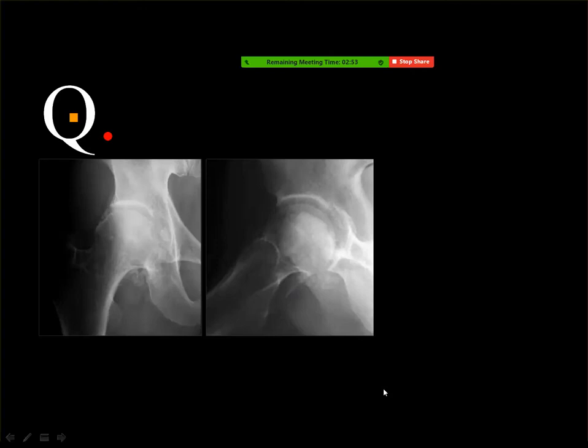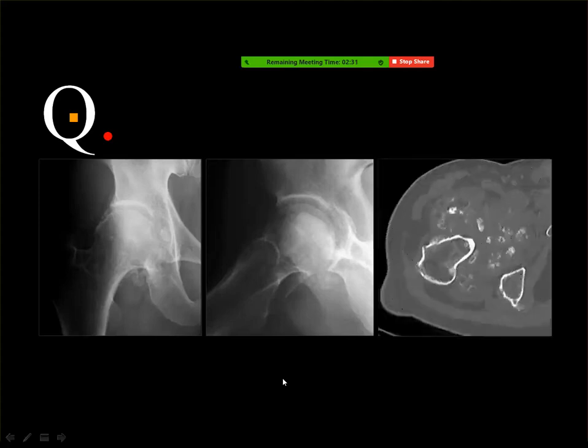Then here is the X-ray of the hip joint in the frontal and lateral view. What do you think? This is the CT scan of the same case.